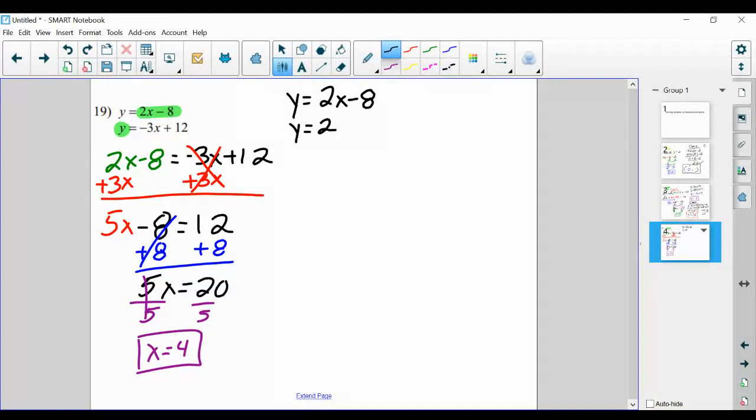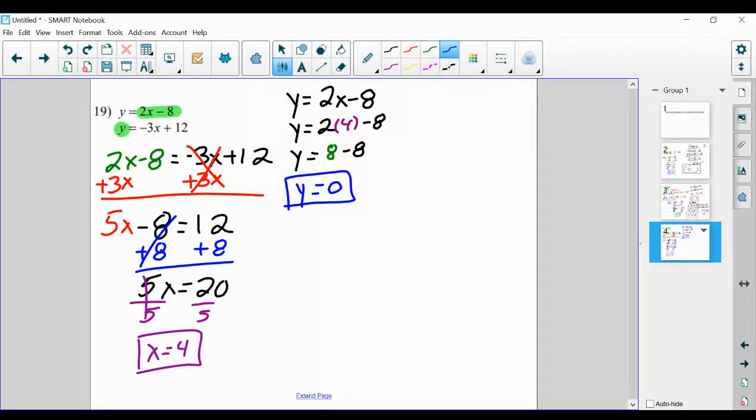And we know that x is going to be equal to 4. We can simplify 2 times 4. That gives us 8. And now we can do 8 minus 8, which is 0. So we have so far an x value of 4 and a y value of 0.